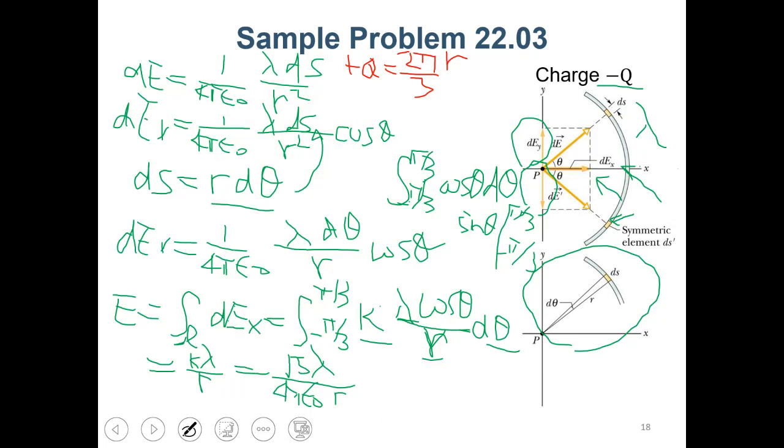So 2 pi over 3 times r is the length of the rod, times the density lambda. So we have q equals 2 pi r lambda over 3.